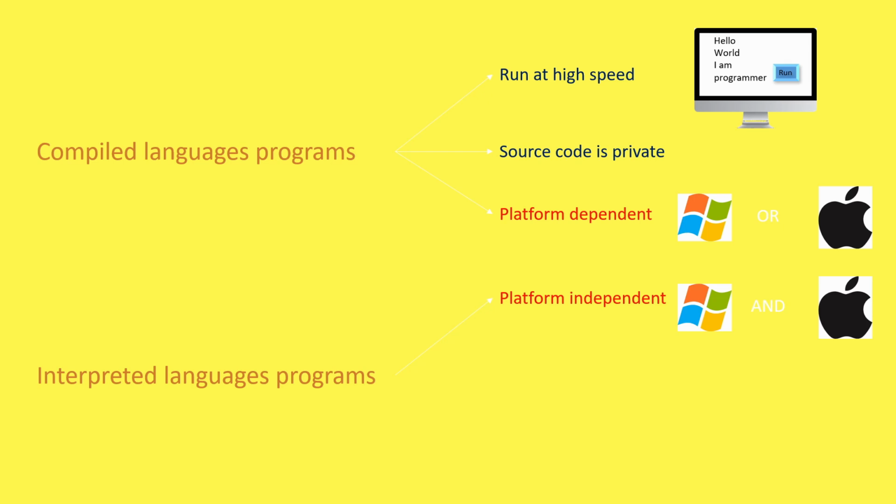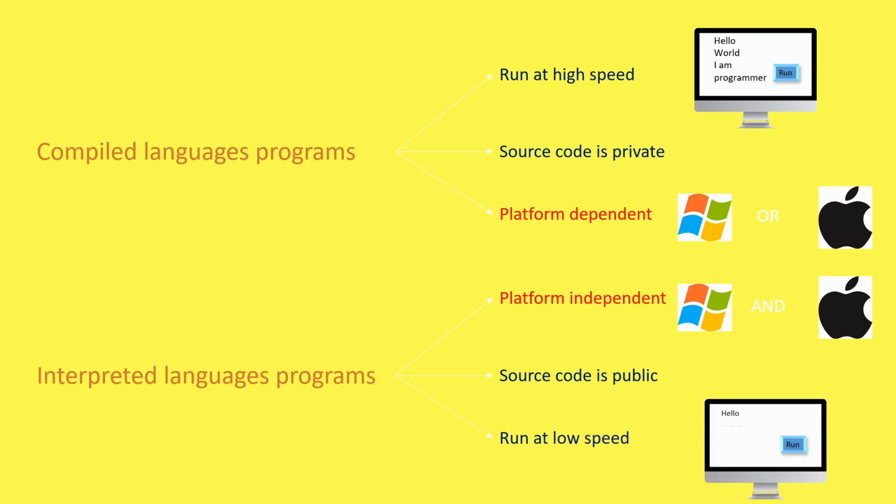But what you pay in return is that now your source code file is public to anyone that runs your program on his computer. And also another disadvantage is that the process of interpretation is done line by line, which makes the program run slowly compared to programs that are already pre-compiled or pre-translated to machine code.